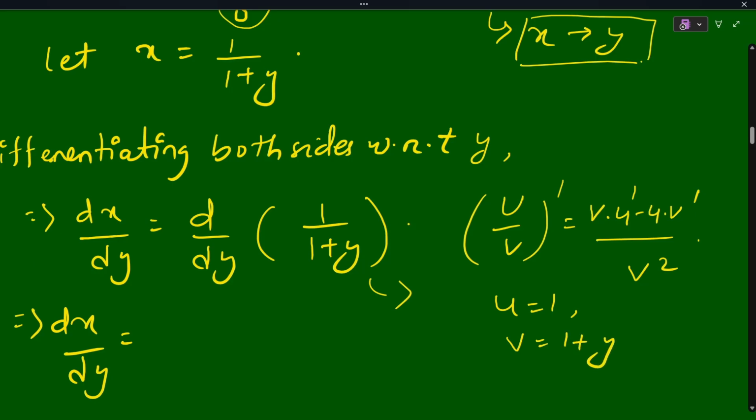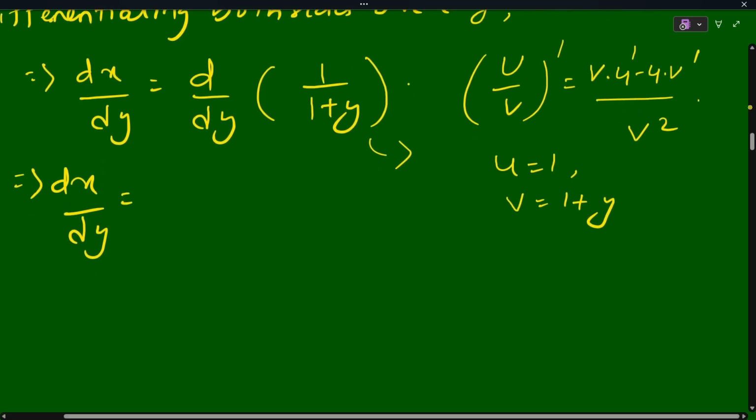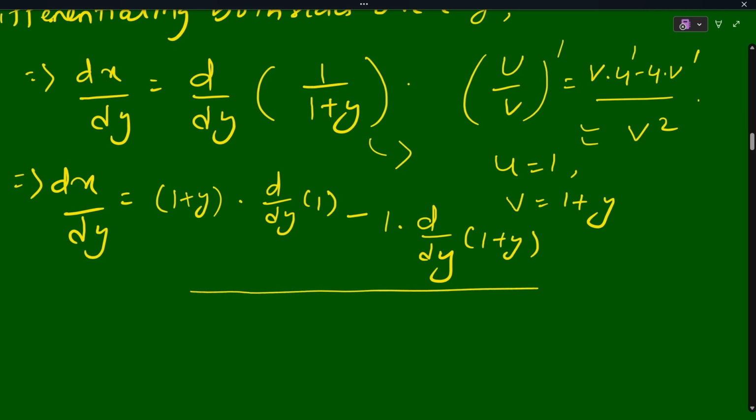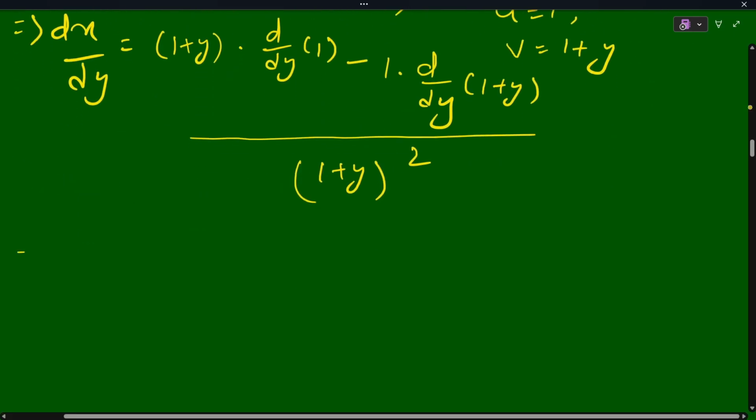So let's substitute all these things here. The first one is v into the derivative of u, so v is 1+y into the derivative of u, where the derivative is with respect to y only. Then minus u, which is 1, into the derivative of v, which is 1+y, divided by v square, where v is 1+y. So this term became dx/dy.